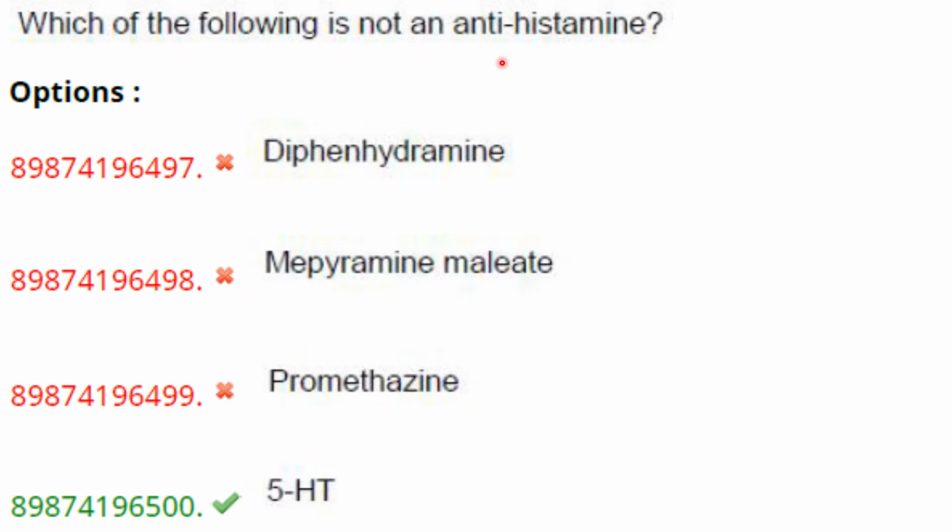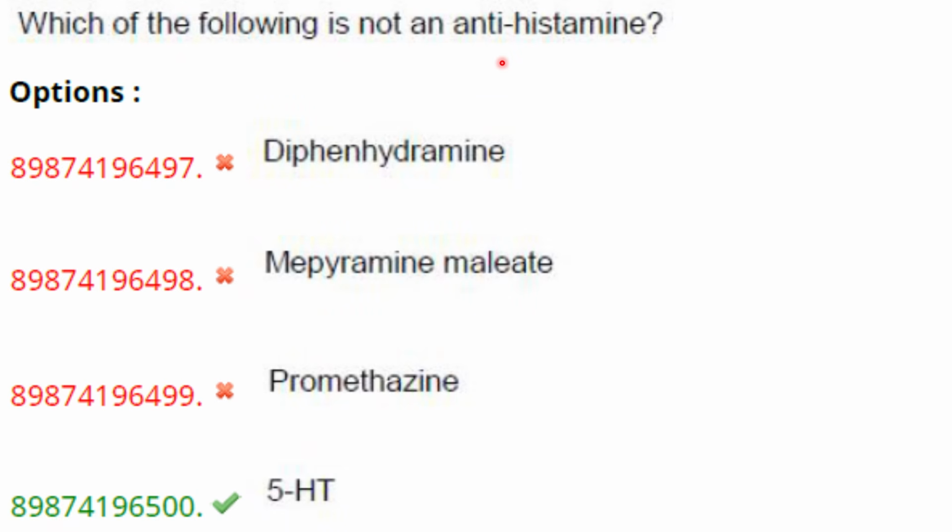Then, which of the following is not an antihistamine? Antihistamine means that which is given to a person to block the action of histamines. And histamines are produced when IgE binds to the mast cells.